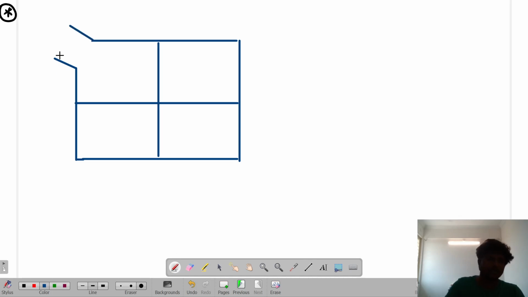There are 2 points A and B. Okay, and I am told to find the equivalent resistance if the resistances are given this way.